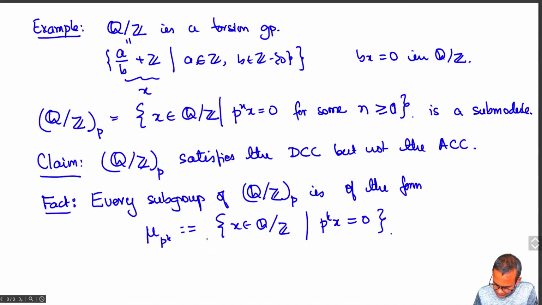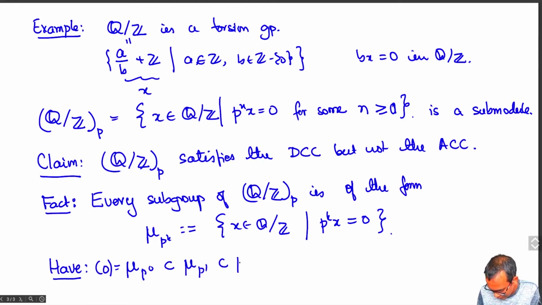And so these subgroups themselves form a chain. So we have mu_{p^0}, which is just the subgroup consisting of 0 alone, where you're saying x is equal to 0. Then this contains mu_{p^1}, this contains mu_{p^2}, and so on.